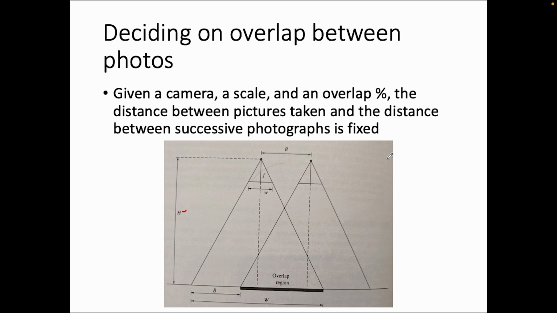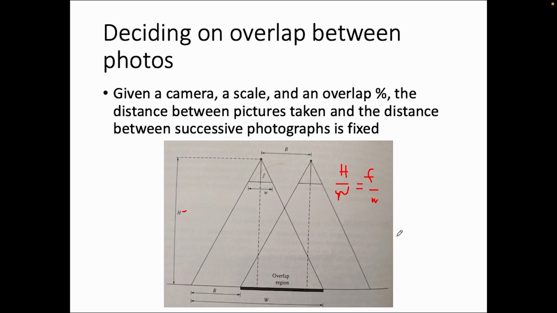Basically, because we have this relationship, which we've talked about before, H over W is proportional to, so H is my height, that corresponds to my focal length, over the sensor width, little w.